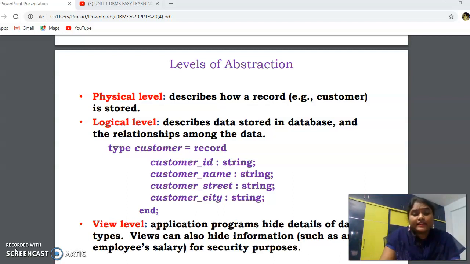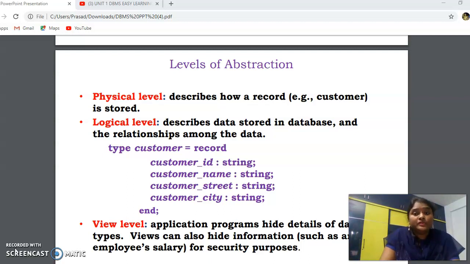I said that data is stored, but how is this data stored? Dear students, we will be covering a large part of this logical level in our second and third unit. Here we will be dealing with what the attributes of this database are, and we will be seeing how the relationships between those things will be maintained and stored.